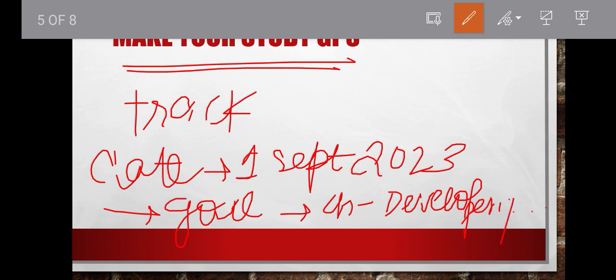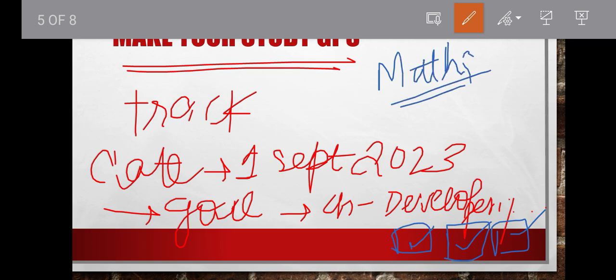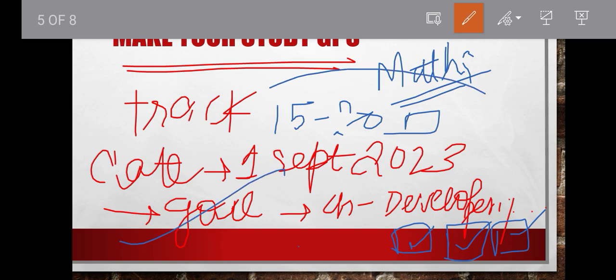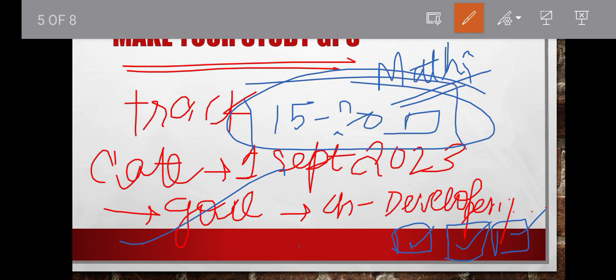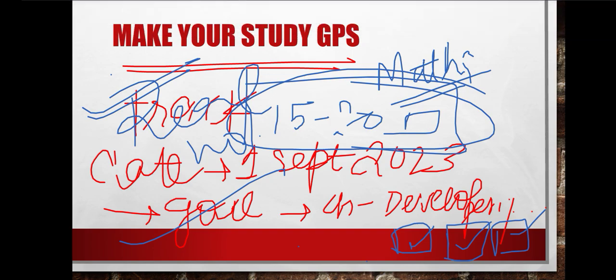I know this is a very small chapter. I can complete it in one day easily. So I make 3 boxes. One for NCERT, one for reference book, and one for question practice. And also include maths every day. You need to practice 15 to 20 questions every day. You may write your chapter here, or you can simply go through any 15 to 20 questions. If you want it in an organized manner, you may write the chapter name, for example, real numbers. Clear?